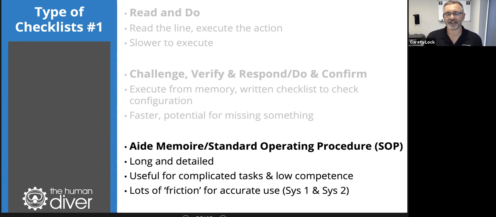These are long and detailed, and this is what you see as a lot of checklists out there. They're not proper checklists. They're a way of listing detailed steps. They are useful for complicated tasks, and I'll cover competence in a minute. The difficulty is they've got friction.